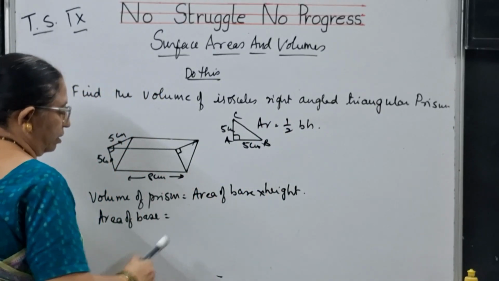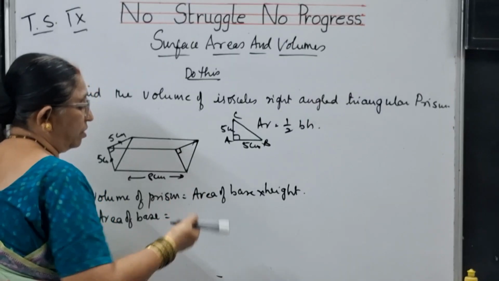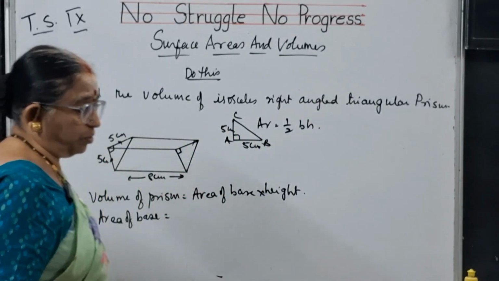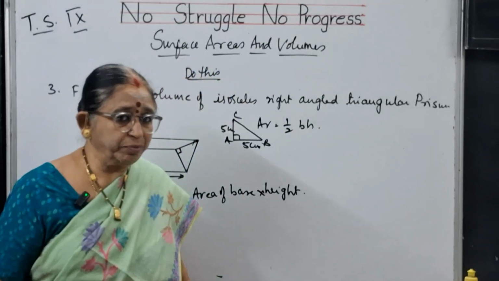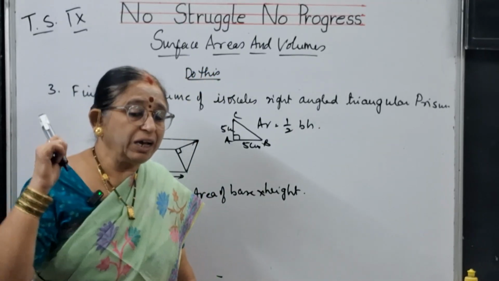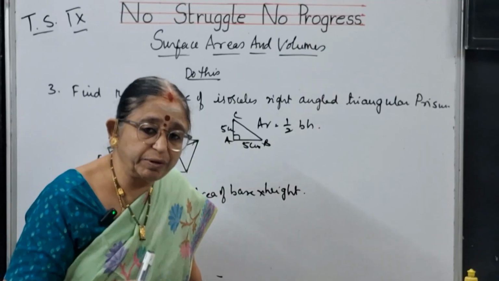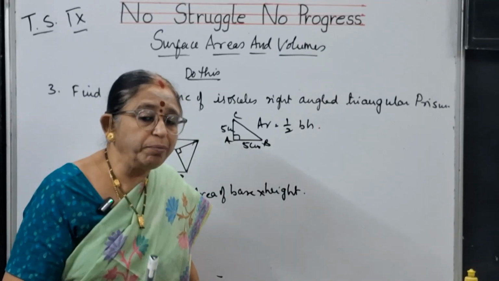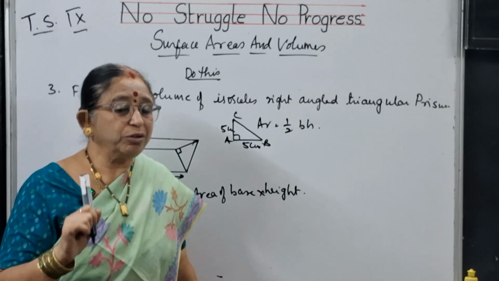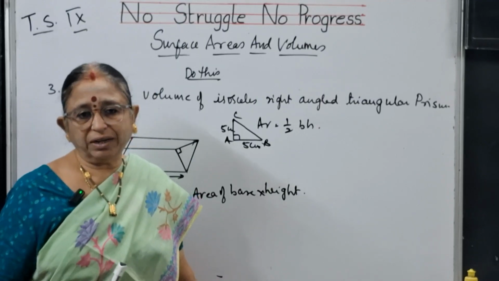So here there are other formulae also, children. If you have an isosceles triangle, root of s into s minus a into s minus b into s minus c you have learned. And if it is a right angle triangle where hypotenuse is given, hypo square by 4. So according to the problem given to us, we need to use the formula. So in this we have got base and height of the right triangle.